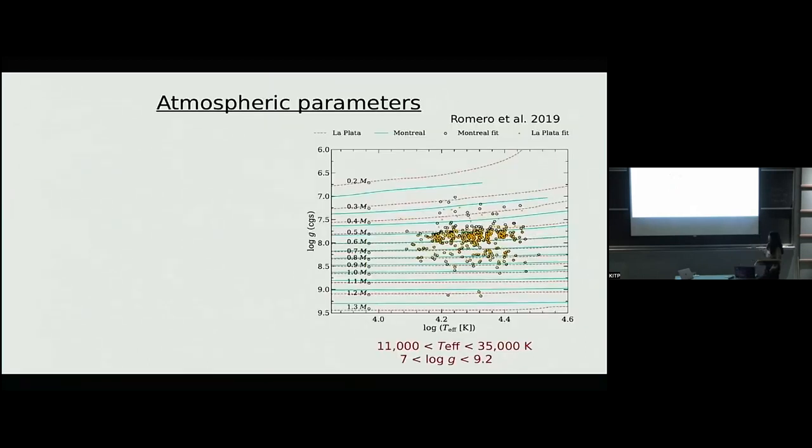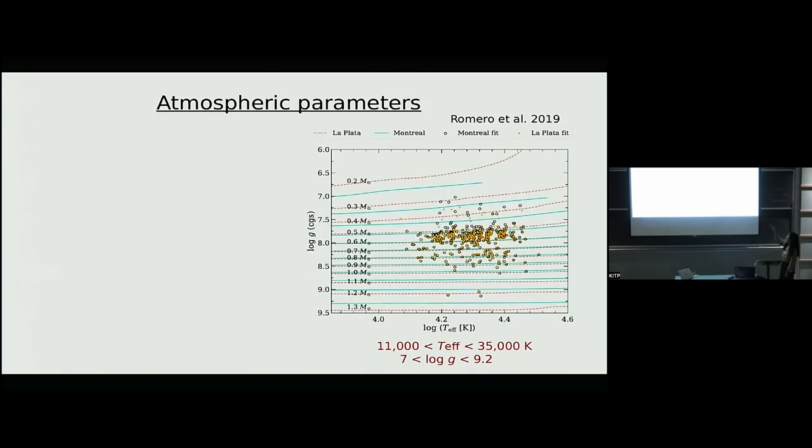Now coming to the overall sample, the distribution in the temperature–log g plane, where the red is the model from the La Plata group, and blue is the one from the Montreal mass radius relation. And you can clearly notice the difference below the lower mass, because they assume a hydrogen envelope of around 10 to the power minus 3 solar mass, whereas at 0.5 to 0.6 solar mass, the hydrogen envelope is the same in their models.